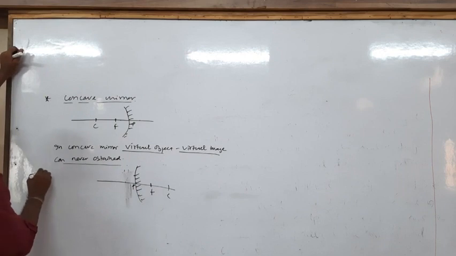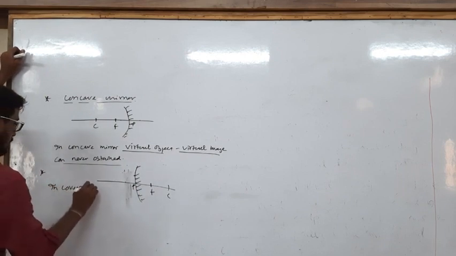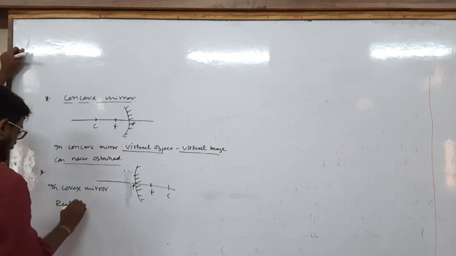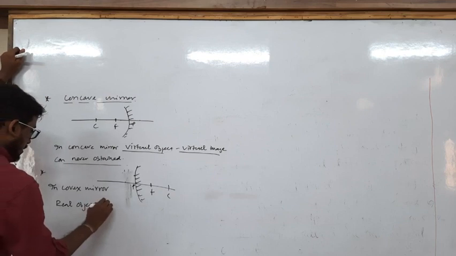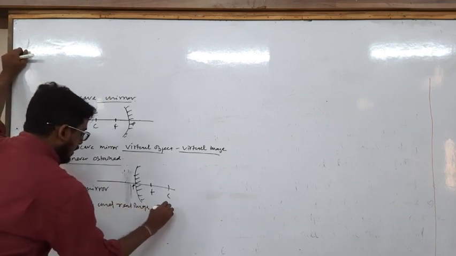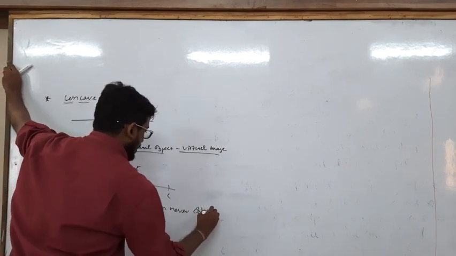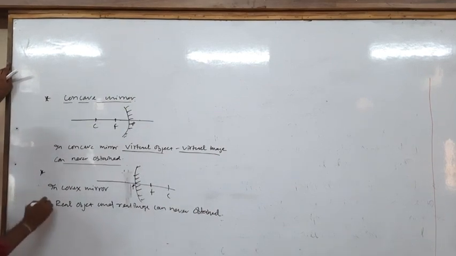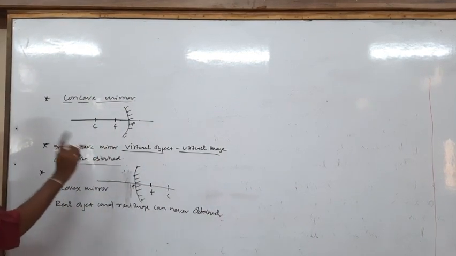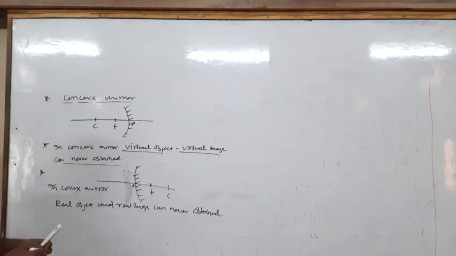So in case of a convex mirror, a real object and real image can never be obtained. Okay, you have to remember these 2 points. In case of a concave mirror, a virtual object and virtual image can never be obtained. In case of a convex mirror, a real object and real image can never be obtained.